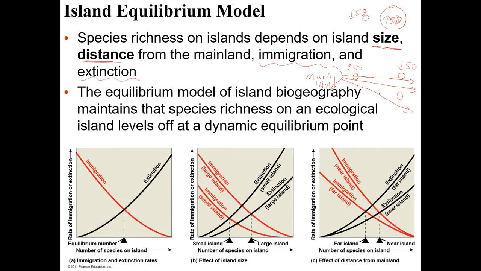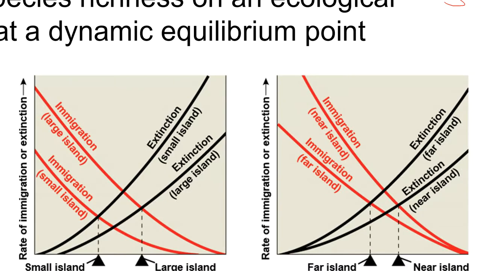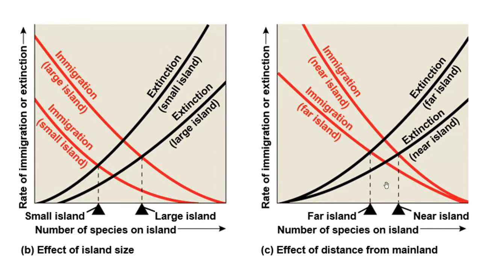But that immigration event never happens here, and so that particular species actually goes extinct on this island. So you would expect a greater extinction rate on a distant island than you would on a near island. So now if you look at the species diversity on those islands, the near island actually has more species than the distant island does.